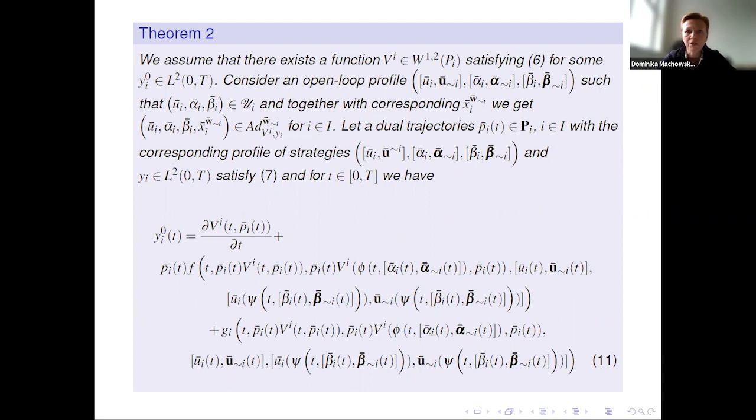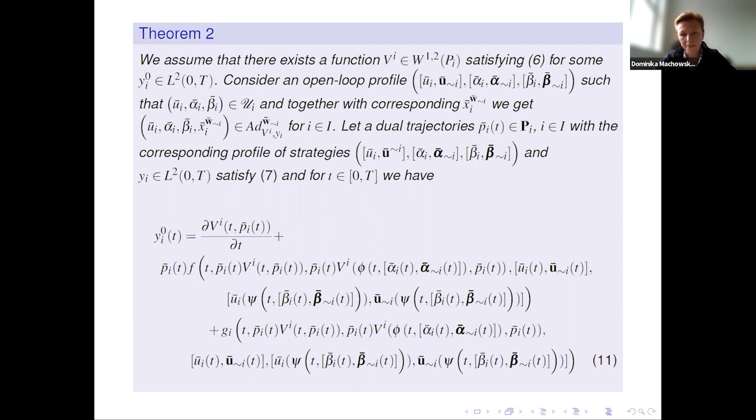Next we consider the OpenLoop profile u bar, alpha bar, and beta bar, such that together with the corresponding trajectory xi, they belong to our set AD, and let a dual trajectory pi with the corresponding profile of strategies satisfy equality 11.